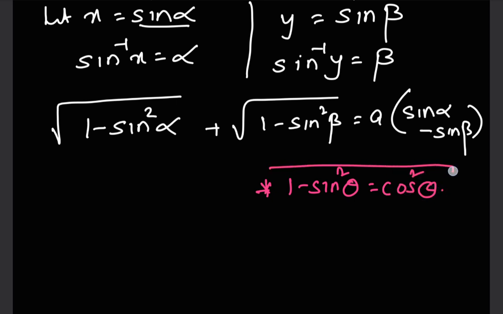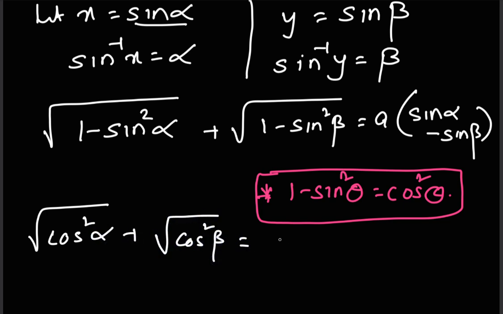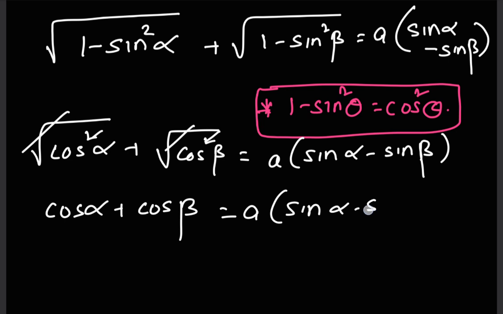We are going to use this formula in the above. So this turns out to be under root of cos square alpha plus under root of cos square beta, which is equals to a into sine alpha minus sine beta. Square and root gets cancelled. Here also square and root gets cancelled.